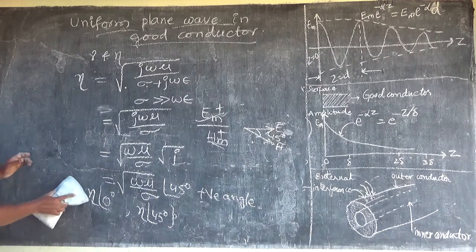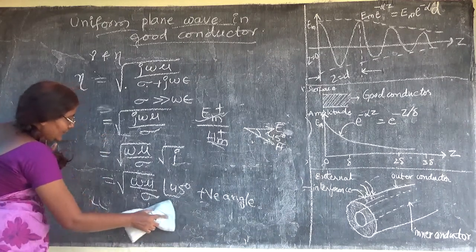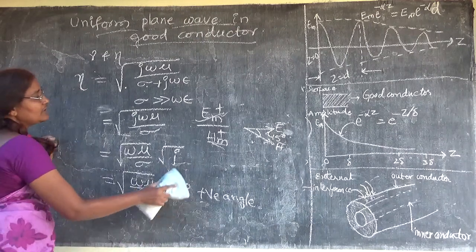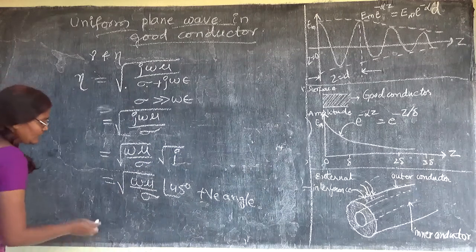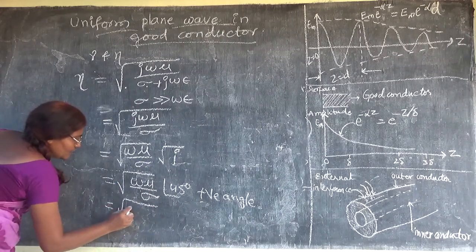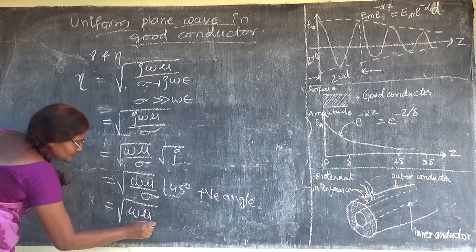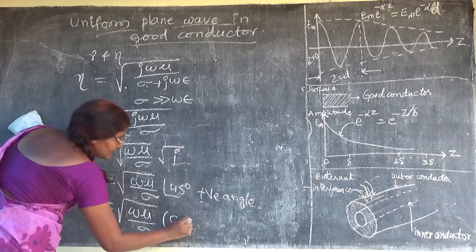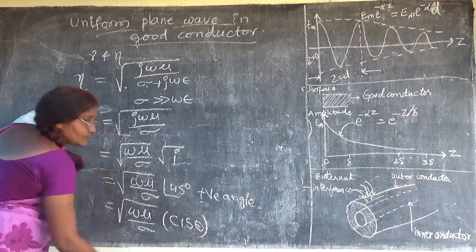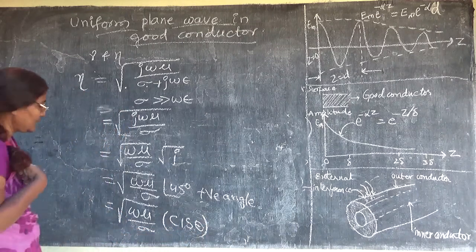So this is the situation when the wave is traveling in a good conductor. So what can we write here? Omega mu by sigma into cis theta. Right? Cis theta. So what will I get?